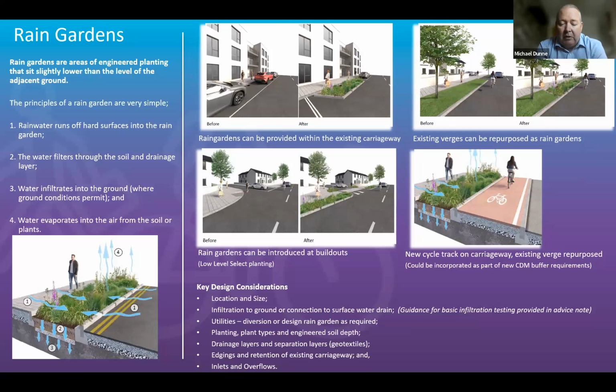Drainage layers, separation layers, geotextiles, or maybe an impermeable membrane if necessary. Edgings and retention of existing carriageway. This is important, whereby we need to consider the existing carriageway and not undermine the existing carriageway and its sub-base. And then we need to consider inlets and overflows, if we feel overflows are necessary.